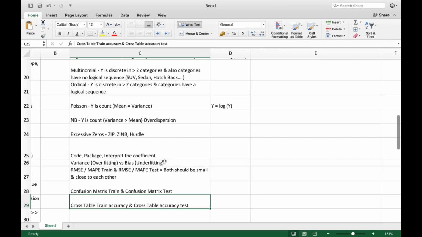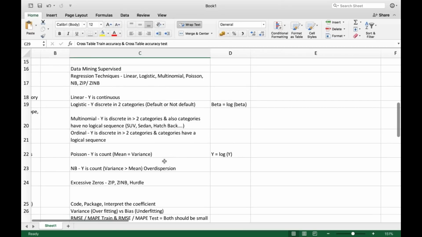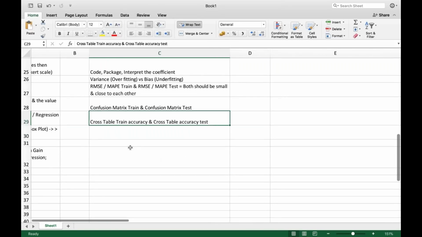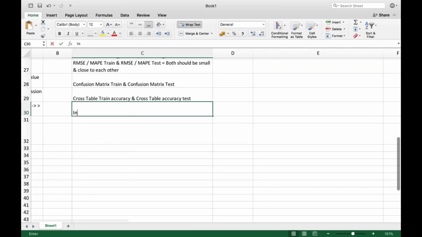All right. While you do your regression techniques, one more thing that you need to remember is interaction variables. What does that mean? I'm building a prediction model which includes y, x1, x2 and x3. Good. But you might want to have x1, x2 and x1 multiplied by x2 also, and x3.